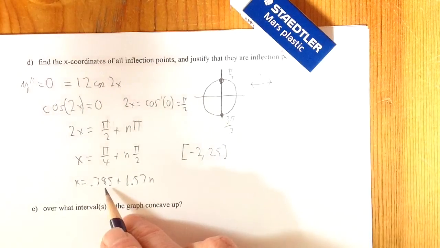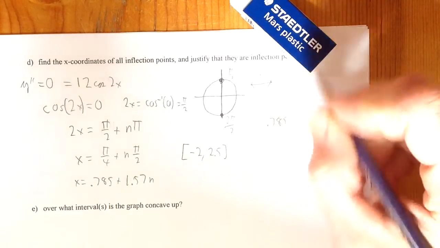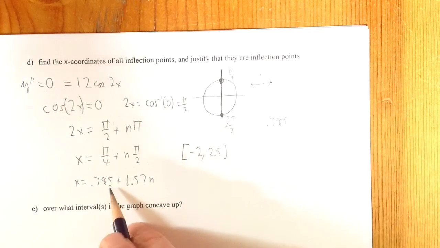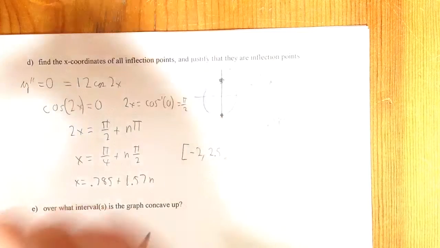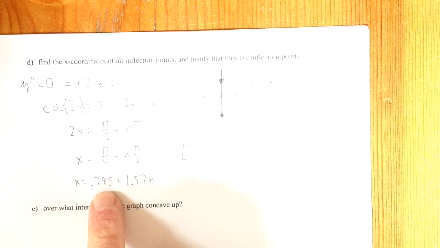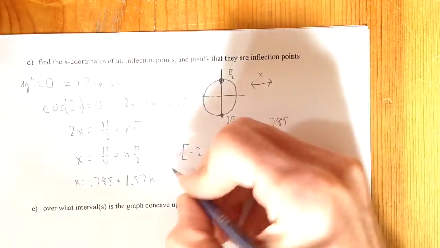Okay, 0.785 works. So I'll write down our possibilities here. We have 0.785. That works. How about we add 1.57? 0.785 plus 1.57 is 2.355.